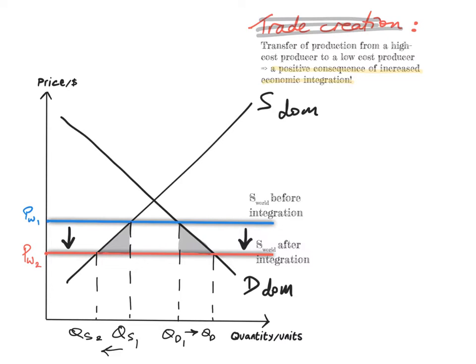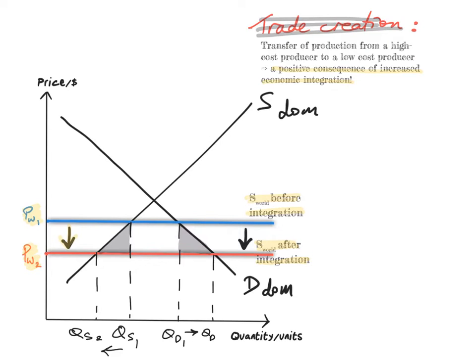Say, for example, a country enters into a trading bloc with another country. Before it was a member of the trading bloc, it used to purchase this product, whatever this product is, at S World before integration. It used to purchase it at PW1. But now, after integration, because they got rid of the tariffs between them, it purchases at S World after integration. So it purchases the same product at a lower price, PW2.